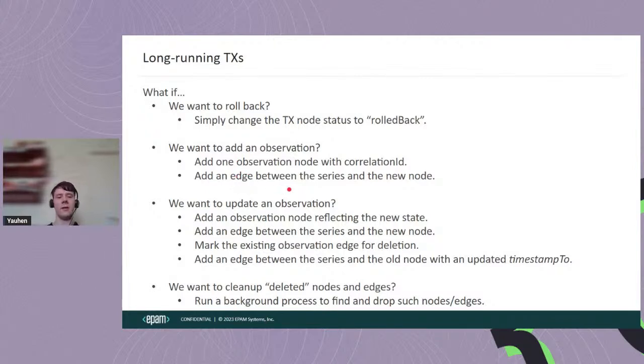Pretty straightforward. In case we need to update an observation, this is probably the most complicated case. We need to create a new observation snapshot node connected to the existing series node and then update timestamps for the relationship which points to the already existing observation snapshot.